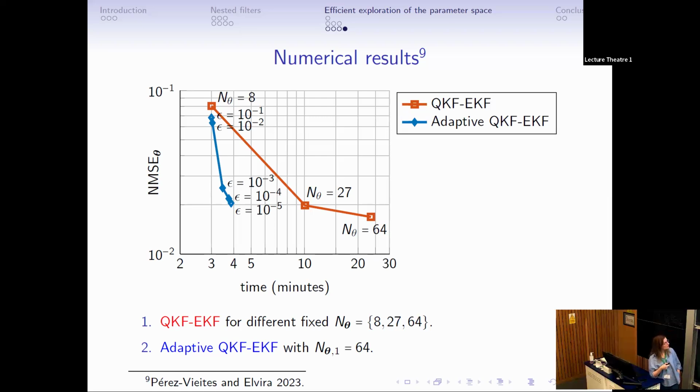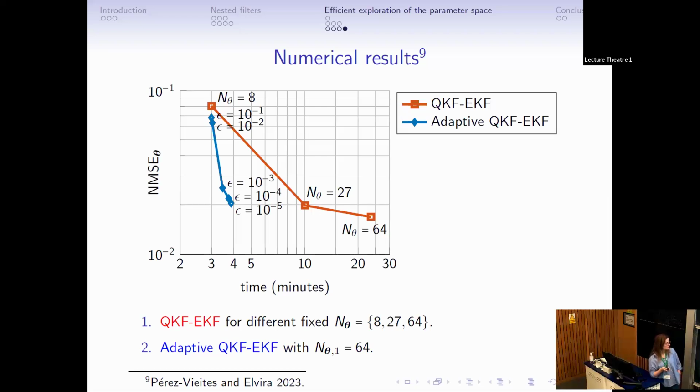So in all the cases, the performance, that is the average normalized mean square error of theta, averaged over time, is better compared with the original nested Gaussian. And as you can see, when the epsilon is in the more restrictive version, the NMSE is lower, but it's a tiny bit more costly than the other way.